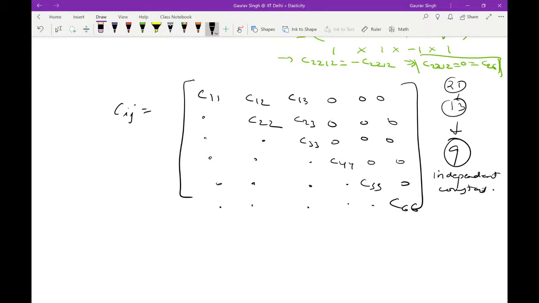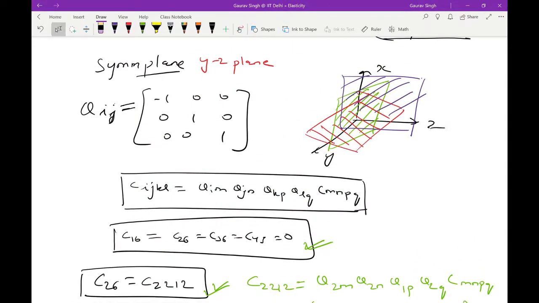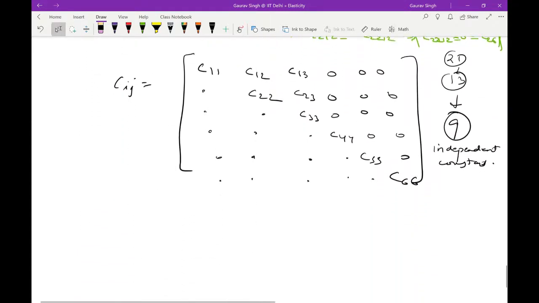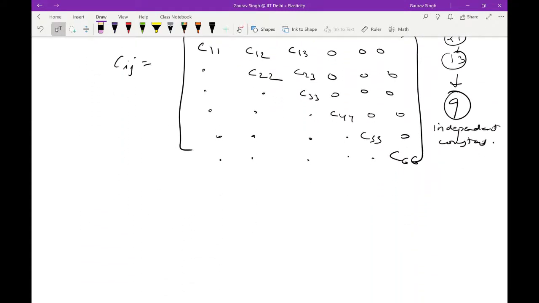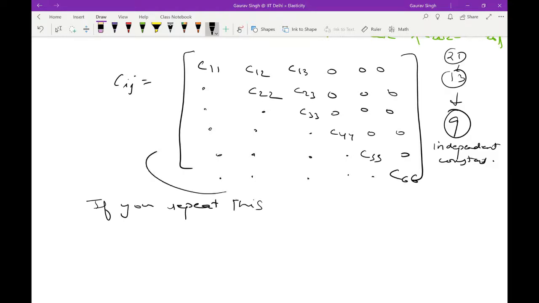Okay, so after this, obviously there is one more plane left out, which is the XZ plane. So if you repeat this, in the sense, take this as your starting elasticity tensor, now take the XZ plane, you will find no new results.